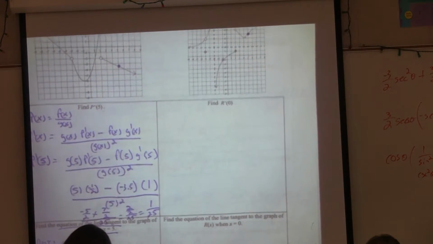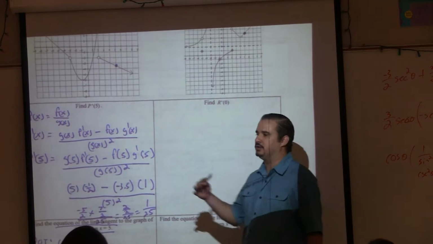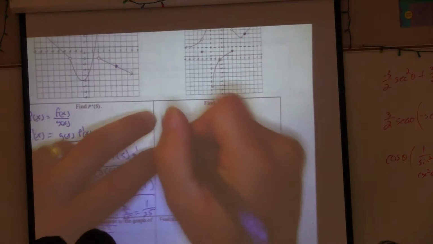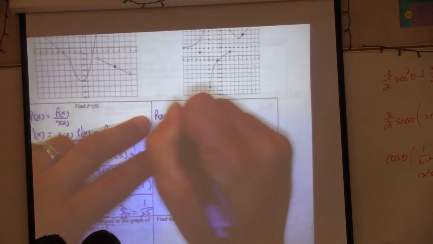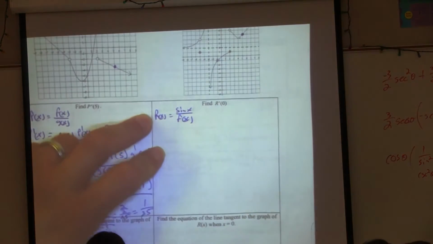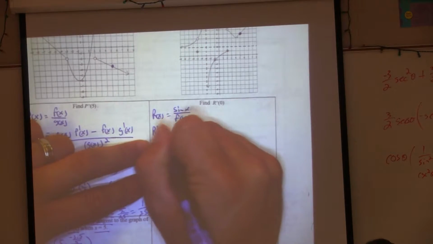Find r prime at 0. Before I can evaluate the derivative, I need to know the derivative. So what was the r function? Sine of x over f of x, right? So we need to get the derivative of this, and it's a quotient, so we've got to use the quotient rule.